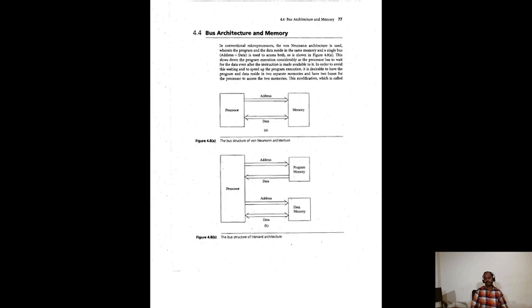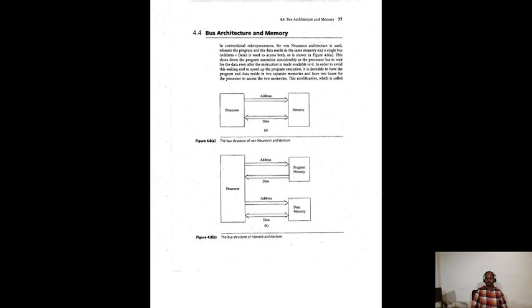We already have sufficient knowledge of the concept of the address bus and the data bus. Here in the diagram, two architectures are given: Von Neumann architecture and Harvard architecture.